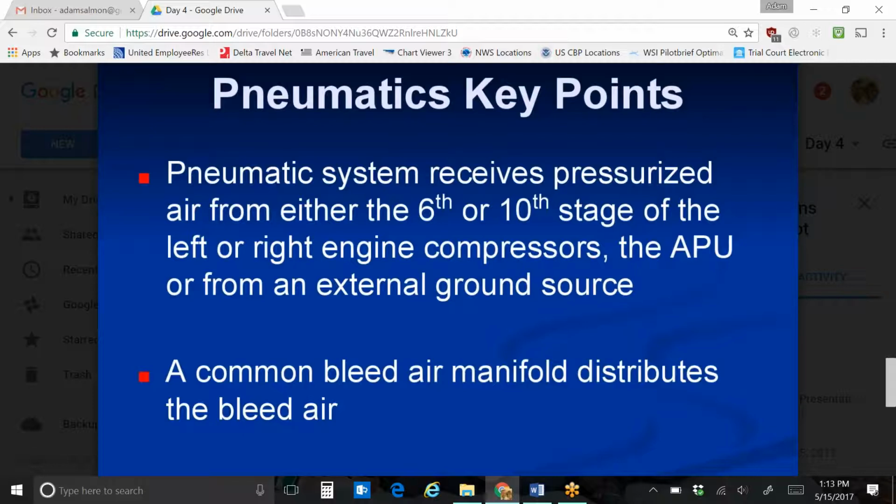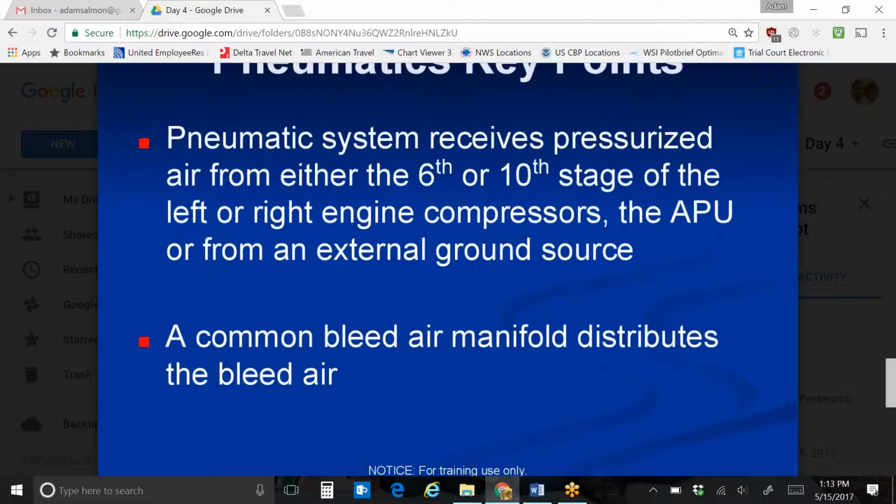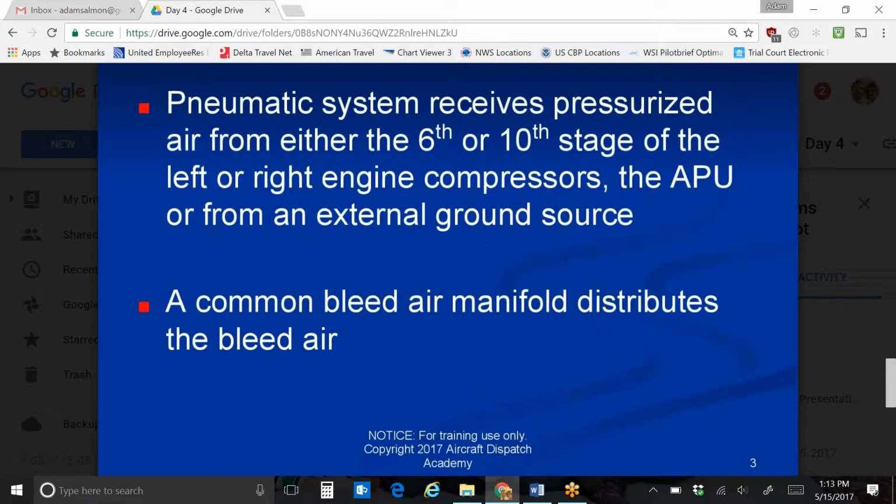That's the 6th and the 10th stage. So you definitely want to have that memorized, that we draw our bleed air for the anti-ice, engine starting, and air conditioning from the 6th or the 10th stage.